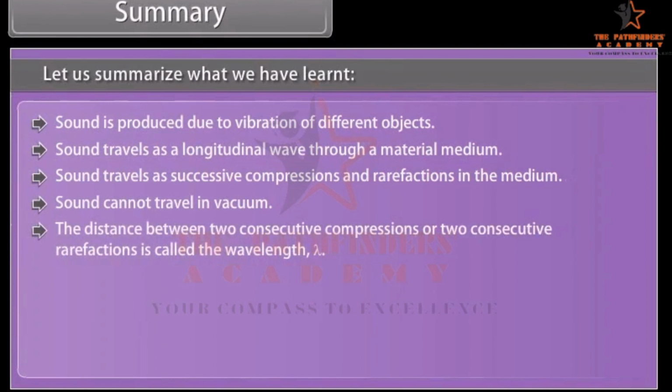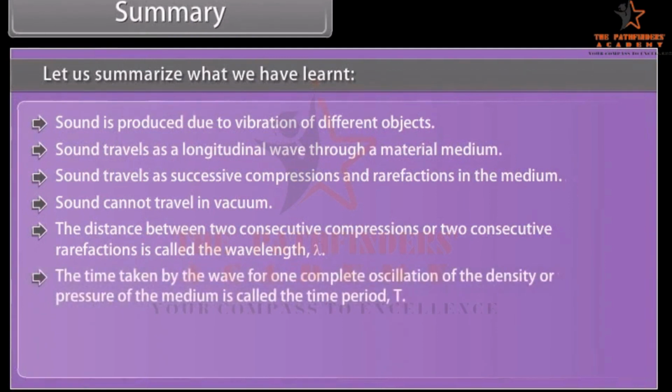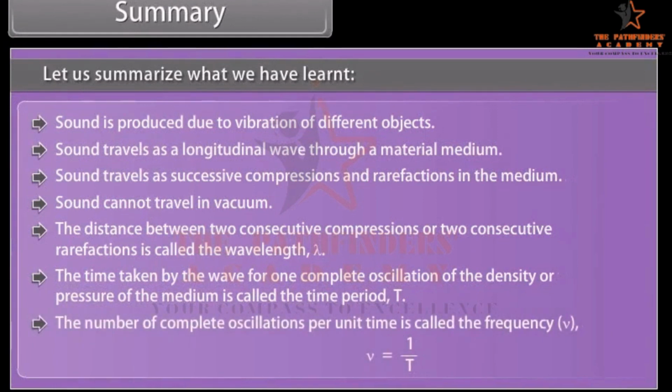The distance between two consecutive compressions or two consecutive rarefactions is called wavelength, lambda. The time taken by the wave for one complete oscillation of the density or pressure of the medium is called the time period, T. The number of complete oscillations per unit time is called the frequency, nu = 1/T.